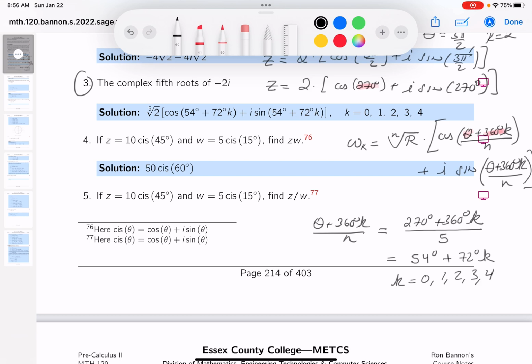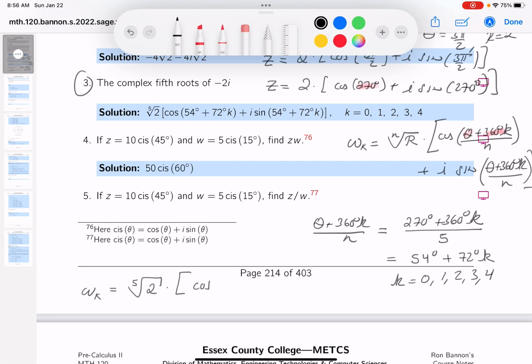So let's write it down. I'm going to write it in w notation, which was given to you in the notes. w sub k is equal to the fifth root. This is a principal root, but I want to write that down, so I'm going to use that symbol for the principal root. And what's the r? Well, it's 2. We'll check the key later.